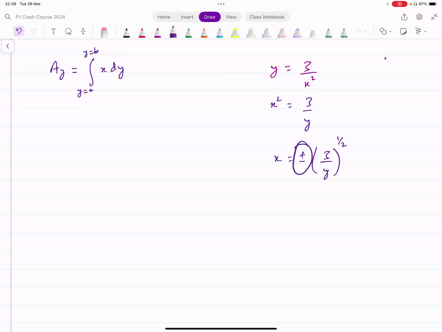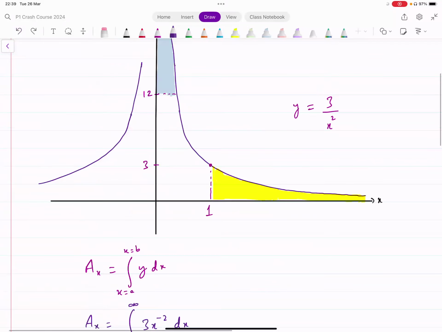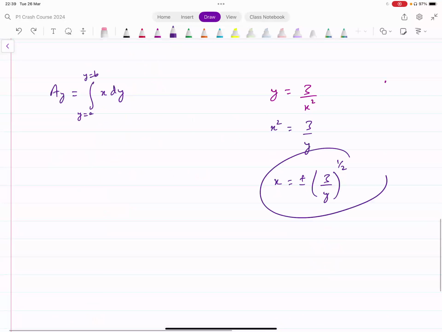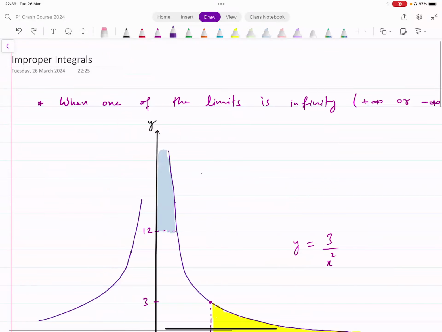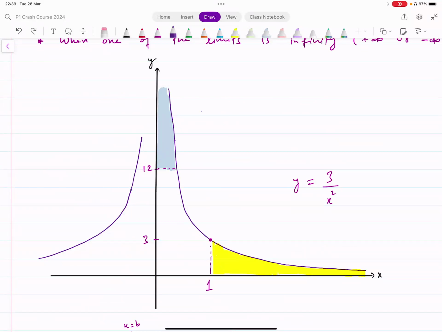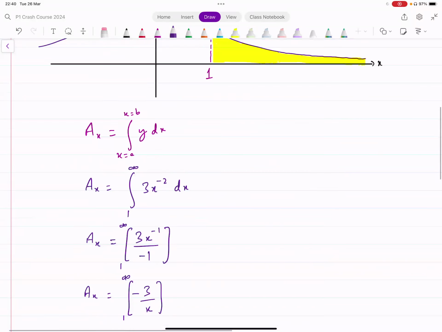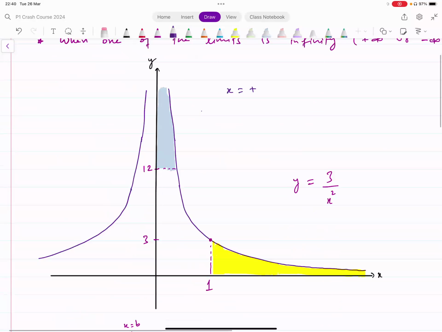Now, this plus minus will cause some problems. If we look at this function, this is what we're getting, x equals plus minus (3 over y) whole raised to the power 1 over 2. If you look at the function, there are two parts of this function. One part is to the right of the y-axis, and the other part is to the left of the y-axis. Basically, the right part is when x equals plus (3 over y) whole raised to the power 1 over 2, and the left part is when x equals minus (3 over y) whole raised to the power 1 over 2.